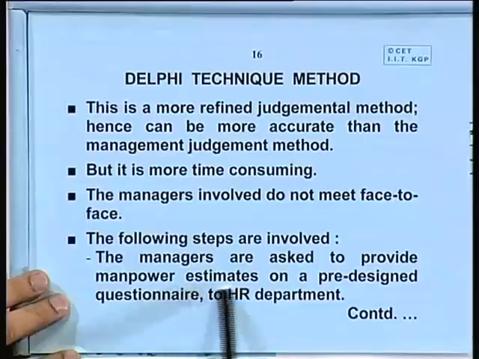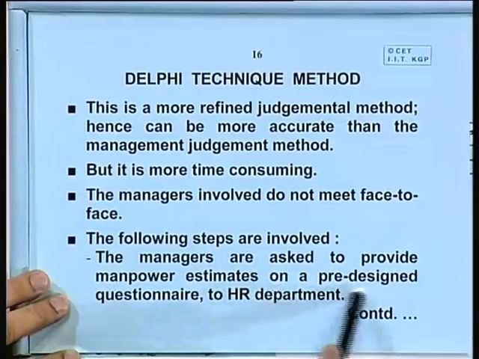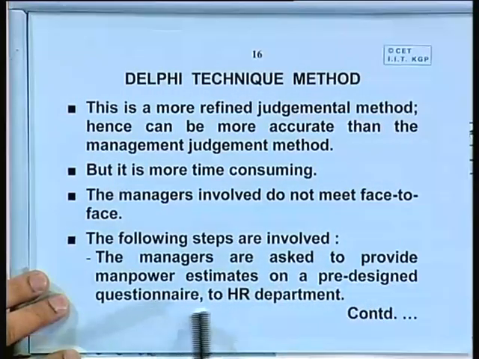Are you going to be in the same territory where you sell or different territories? If different, which are these territories? What is the mode of travel? Tick off by air, rail, motor car, because you are trying to estimate the time of travel, and so on. They make a questionnaire, and the manager is asked to provide estimates to the HR department.